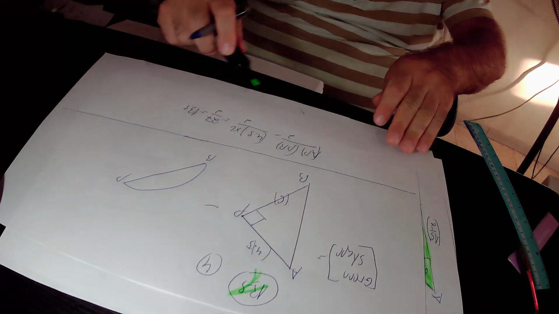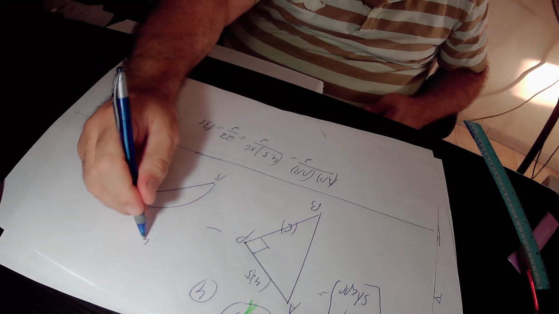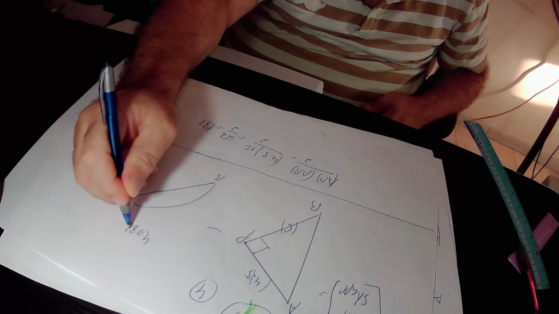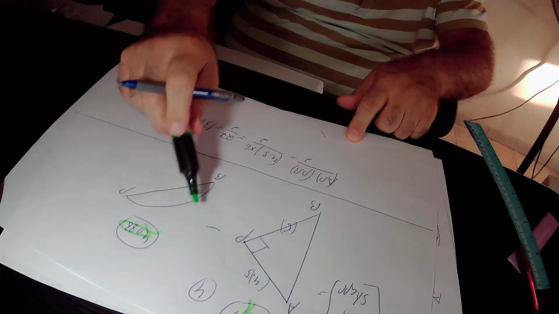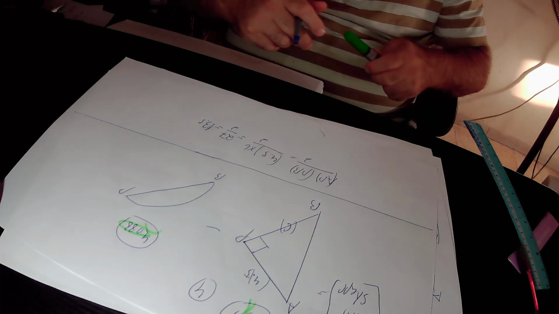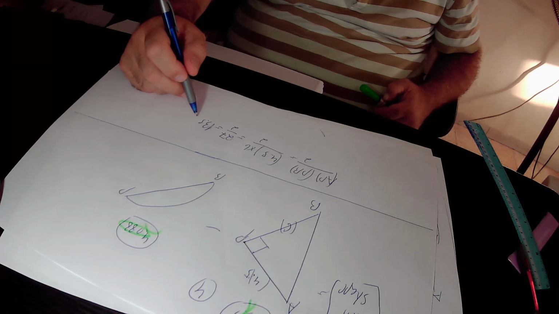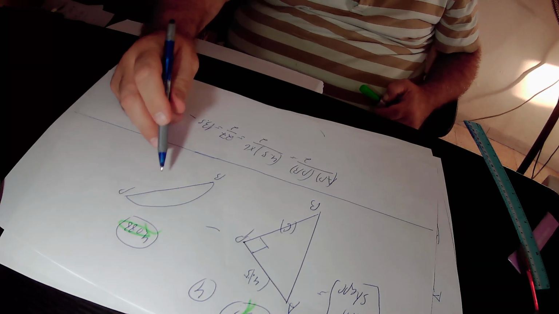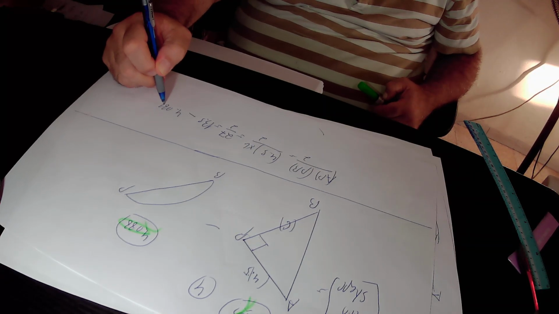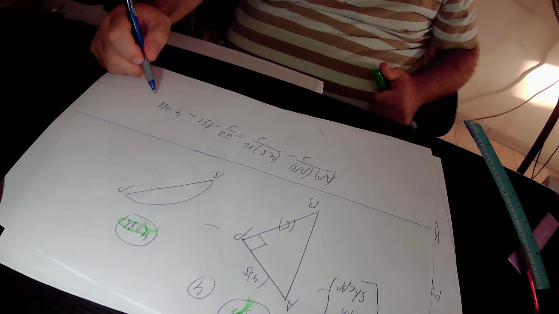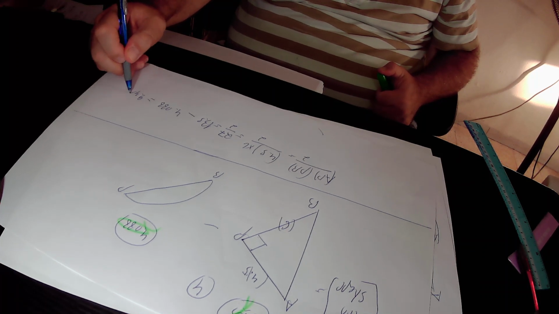Minus the area of this segment BP. We already found that the area of segment BP is equal to 4.088 square units. Therefore, the area of the green shape must be equal to the area of this right triangle APB, that is 13.5, minus the area of this segment BP, that is 4.088. And 13.5 minus 4.088 is equal to 9.412 square units.